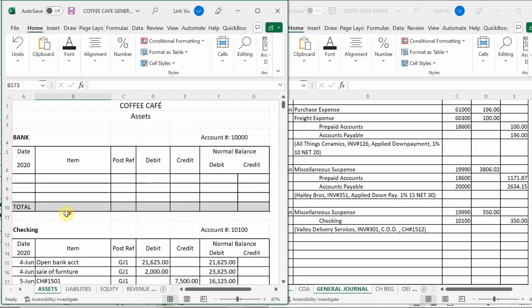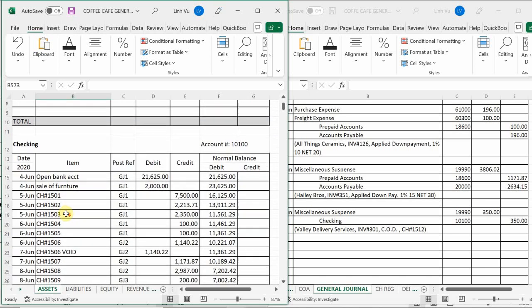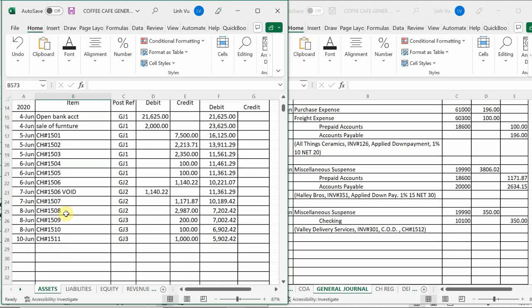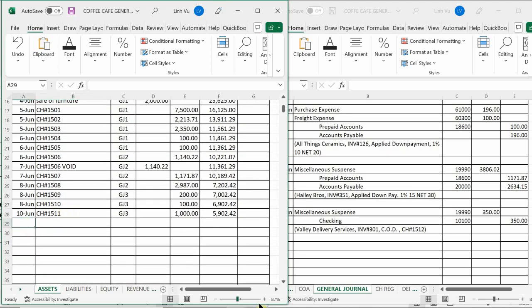All right. And then, last but not least, I need to now cut my check for that $350. So, here's my checking account. I spent more money. Okay, let's see, this was 10. I wrote check number 1512 for that additional $350.